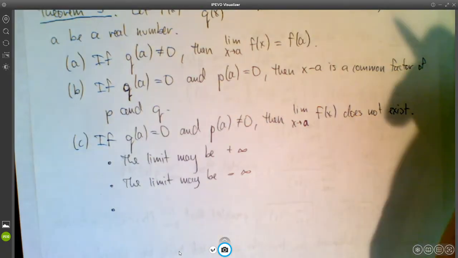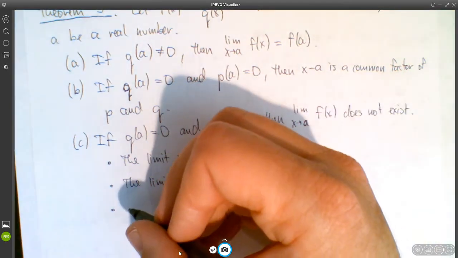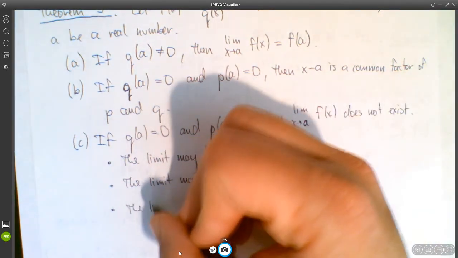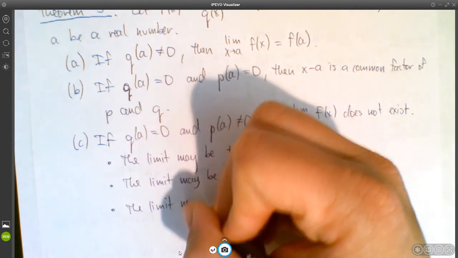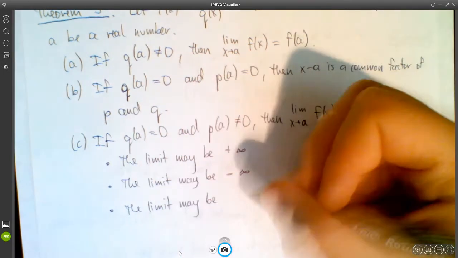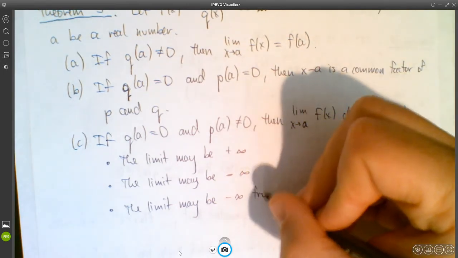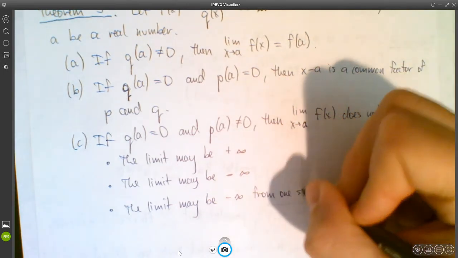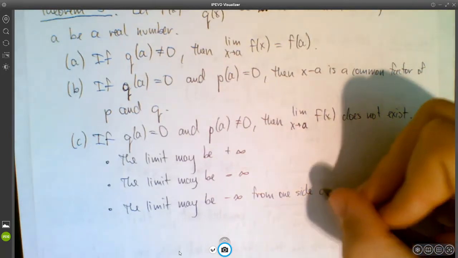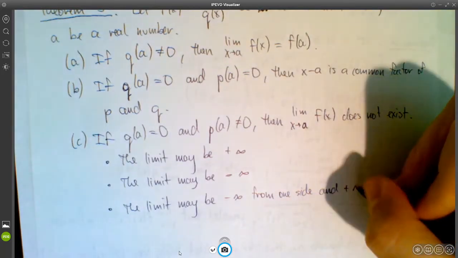Or another possibility is that the limit may be negative infinity from one side and positive infinity from the other.